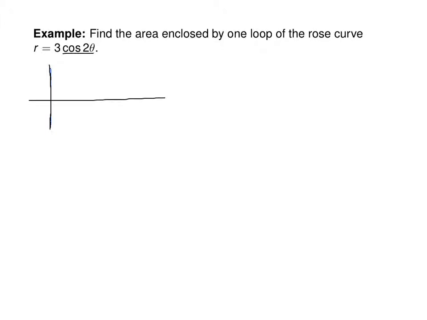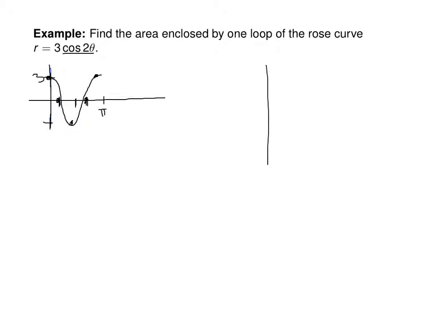Cosine of 2 theta will have period pi, making that pi over 2 and that pi quarters. It starts off at 3. By pi quarters we're down at 0. By pi halves we're down at negative 3. Then back up at 0, and then back up at pi. So that's in rectangular coordinates.